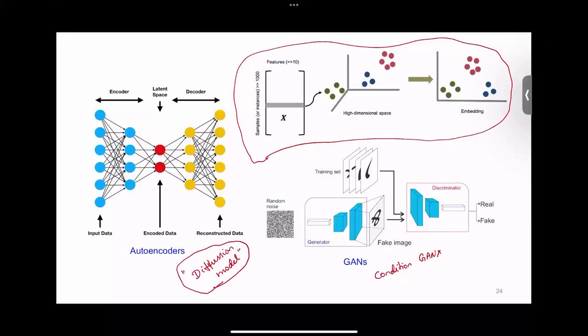Sure. Are these GANs used for image and video classification alone, or are they used in some other areas like cybersecurity? Yeah, these are used for generating keys.